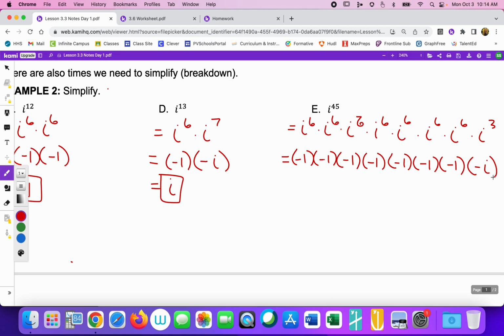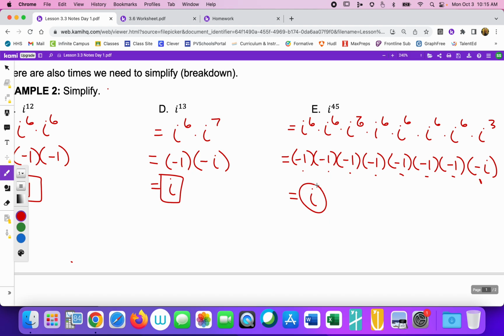How many negative signs do you have? 8. Eight's an even number, right? Okay, so an even number of negative signs means the result is a positive. Okay. i. So it had the same answer as this one, but it depends on what you have.